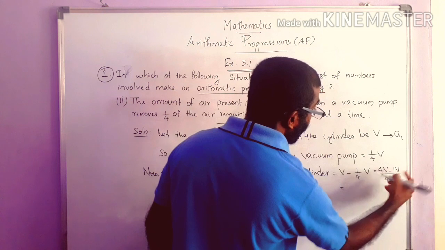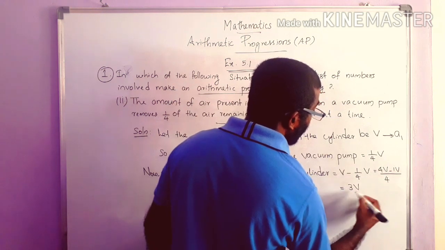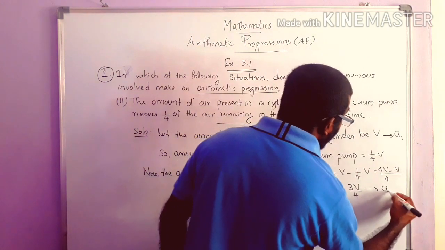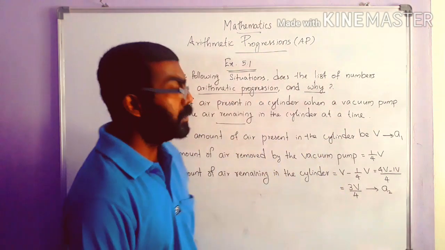That is 4V minus 1V is 3V, 3V by 4, and let it be the second term A2.